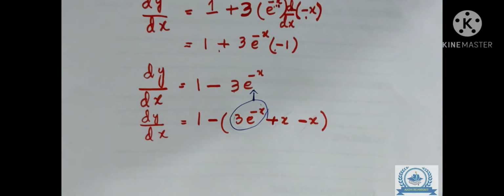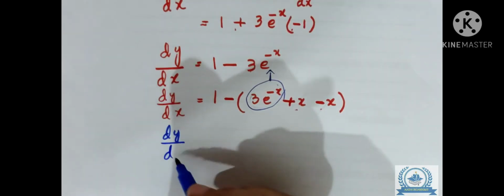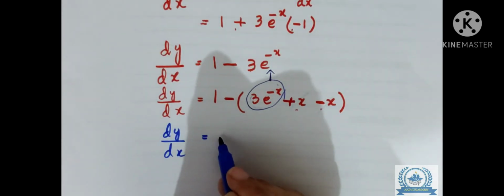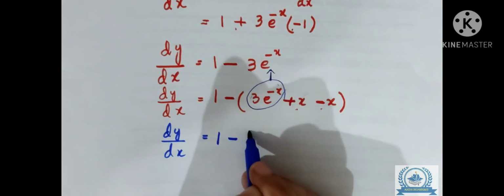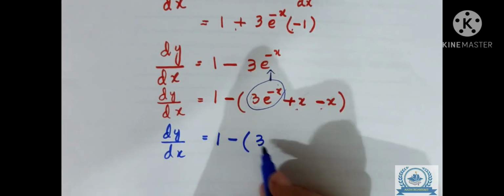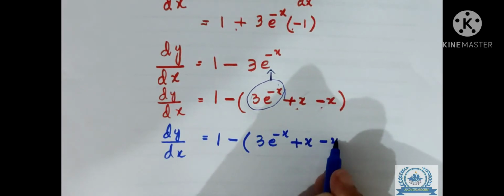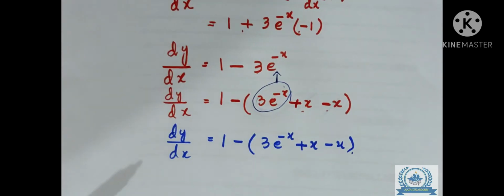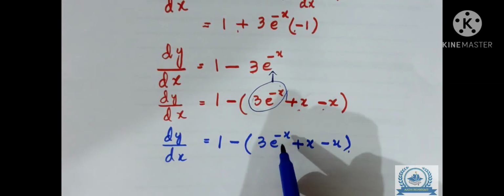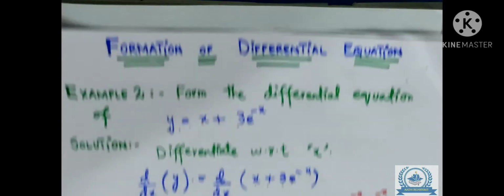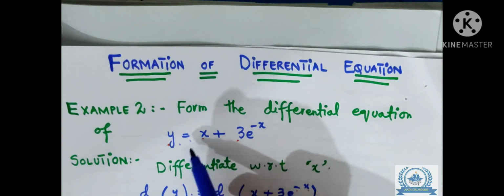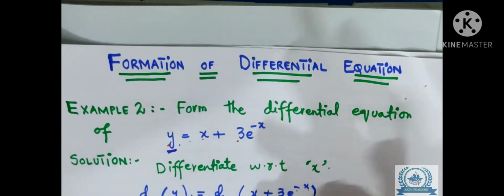So I am giving here dy over dx is equal to 1 minus 3 e power minus x plus x minus x. So 3 e power minus x plus x is equal to y.